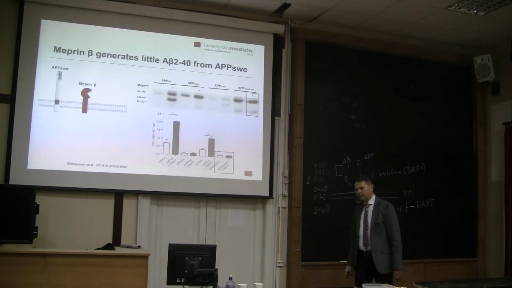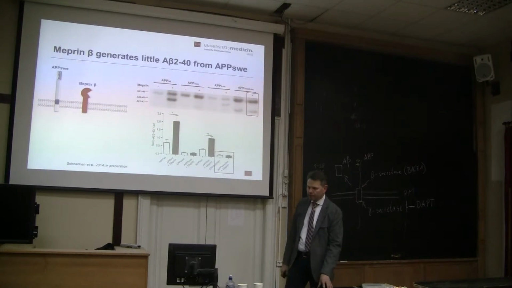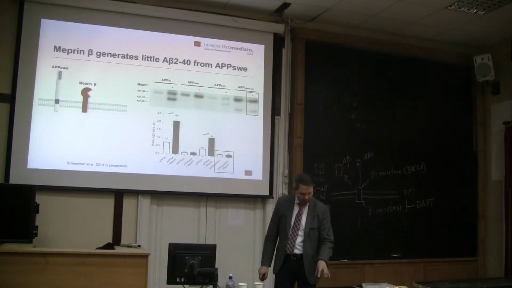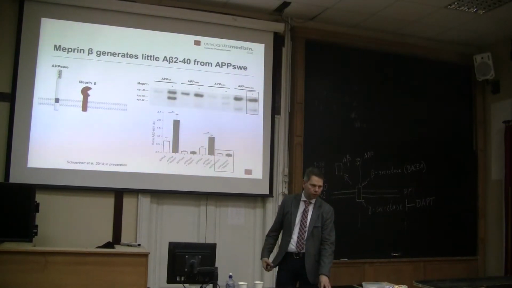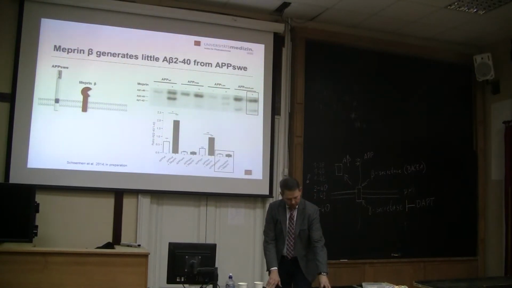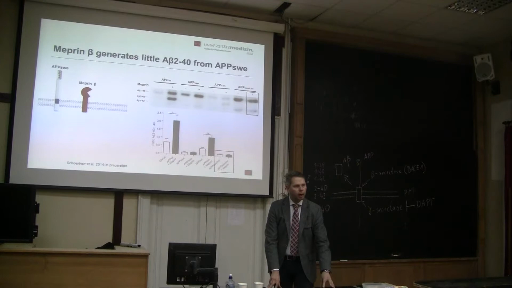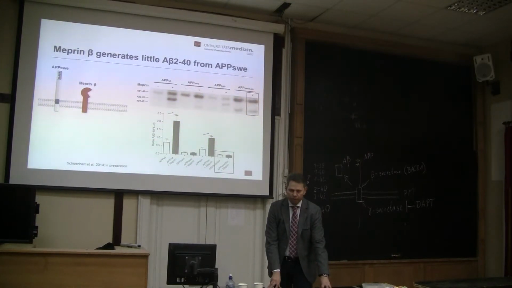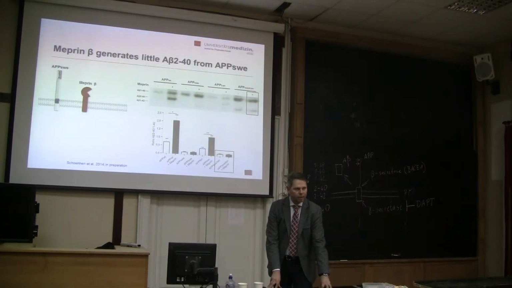So, what does this tell us? This tells us I am in trouble. Because when you think about Alzheimer's disease research, for many, many years, we are using transgenic animals to mimic Alzheimer's disease in mice.